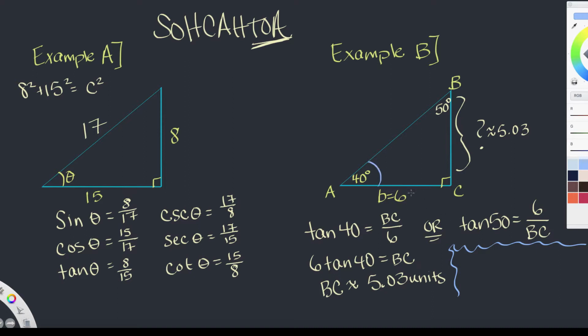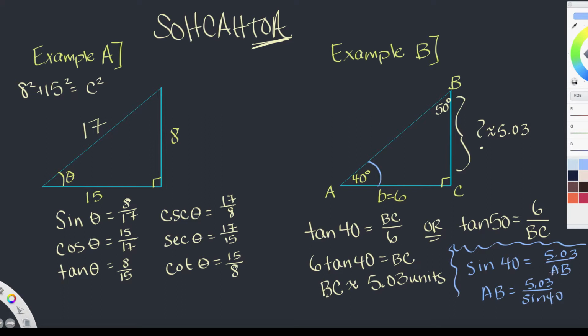If I'm sticking with the angle 40, I could do the sine of 40 is equal to the opposite, since we have the opposite now, 5.03, over the hypotenuse, which is AB. If I cross multiply, I get AB times the sine of 40 equals 5.03. So AB is equal to 5.03 divided by the sine of 40.